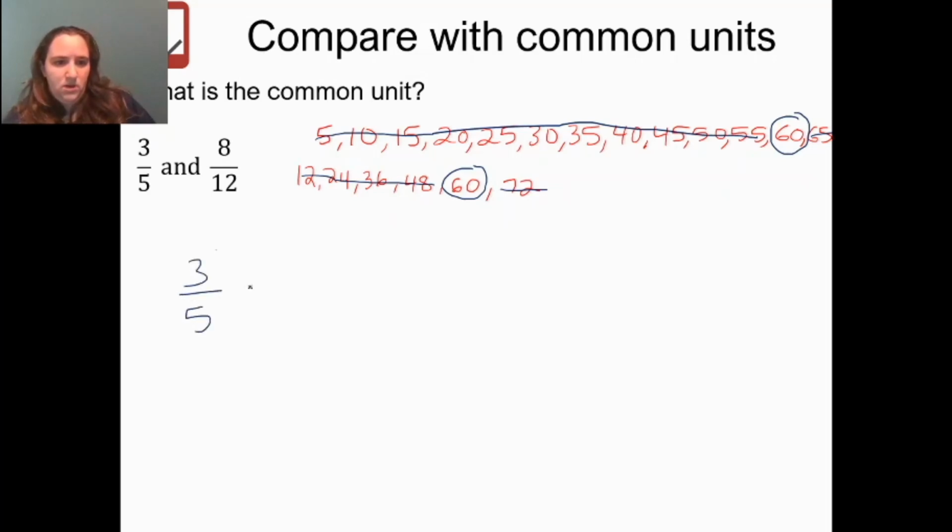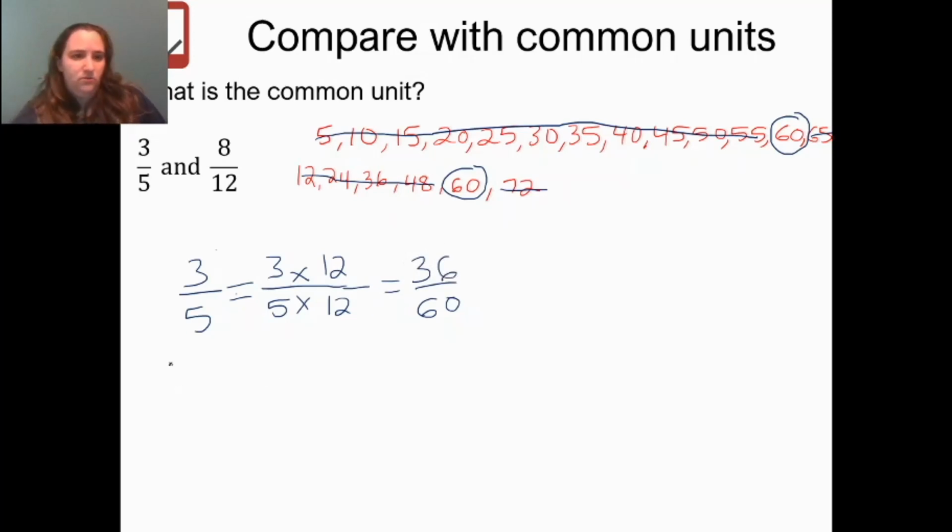So what I'm going to do here is we're going to find the full fraction. So we have 3/5 times 12, because we know that 5 times 12 will give us 60. And what you do to one side, you must do to the other. So 3 times 12 equals 36.